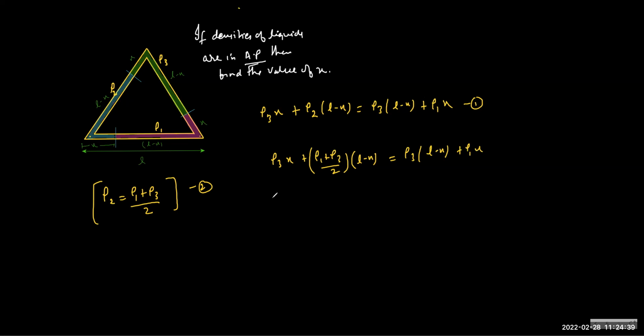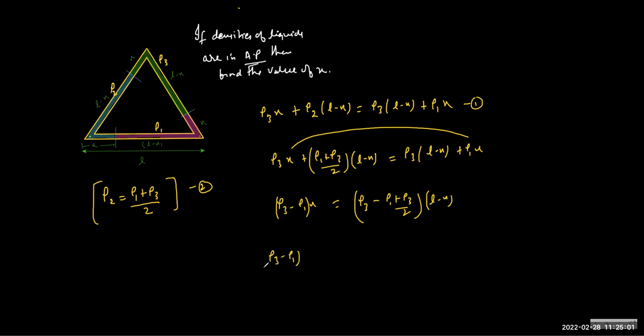So take the x term, rho 3 minus rho 1 into x. I'm taking the x term to one side. And so rho 3 minus rho 1 plus rho 3 by 2 into L minus x. This will be 2 rho 3 minus rho 1 minus rho 3, which is rho 3 minus rho 1 itself, upon 2 into.